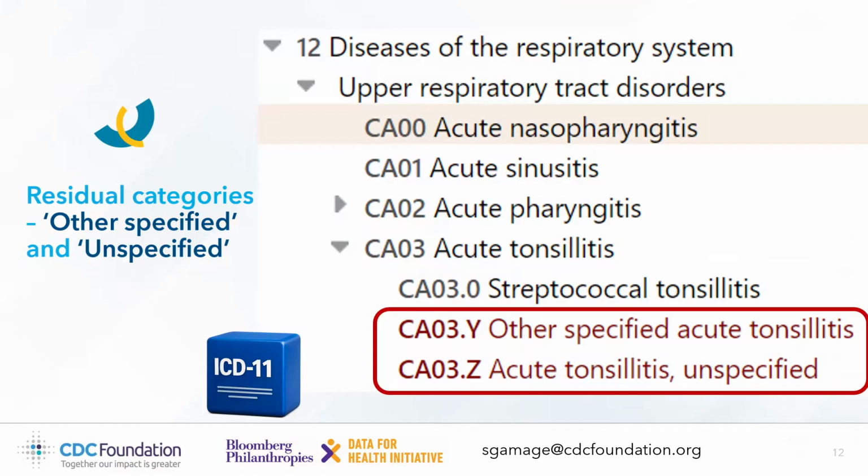And you can see here how the residual categories are indicated in the tabular list or in the ICD-11 browser. CA03.1, other specified acute tonsillitis. CA03.Z, acute tonsillitis unspecified.